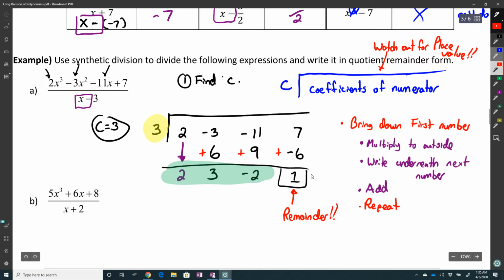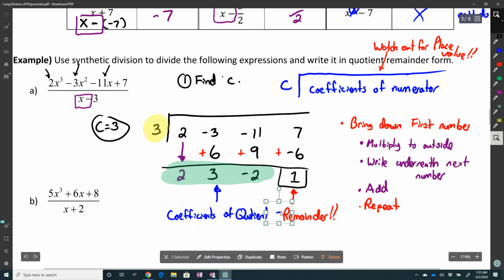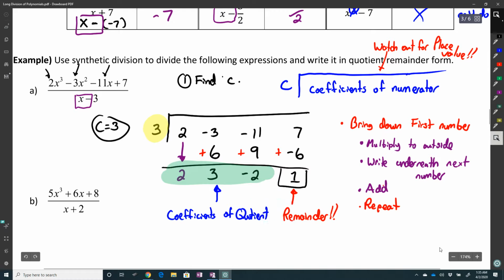Okay? These are the coefficients of the quotient. I didn't give myself enough room. Okay, so these are the coefficients of the quotient, and it's always going to be 1 degree less.